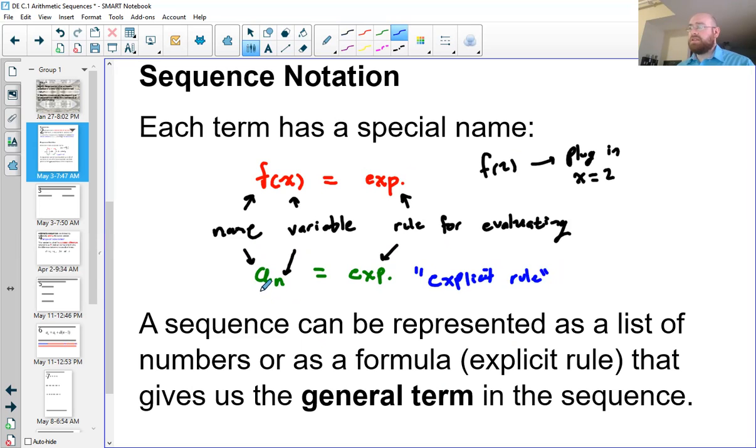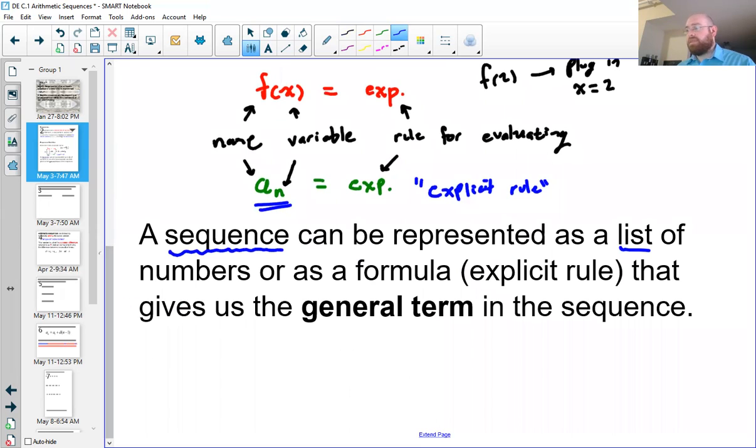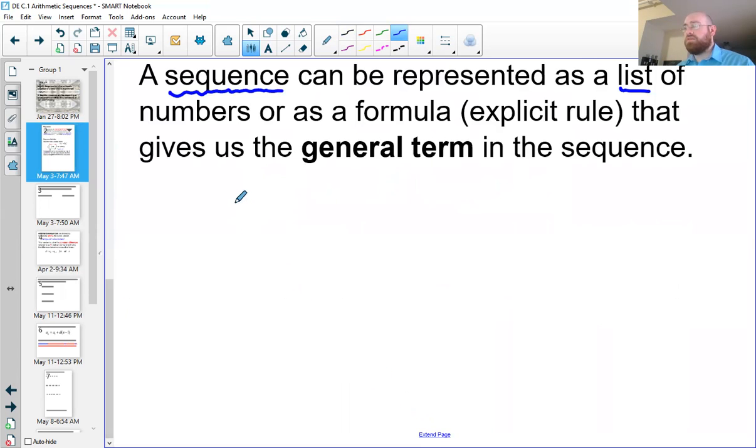So let's spend a little bit more time talking about this a sub n, specifically representing sequences as lists of numbers. So if we think of our counting numbers n, we have 1, 2, 3, 4, and so on, to some number that we're going to call i, and so on.